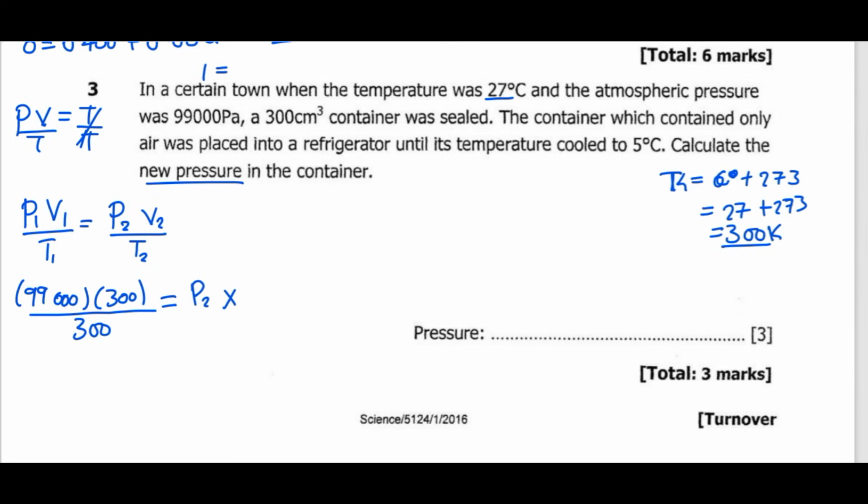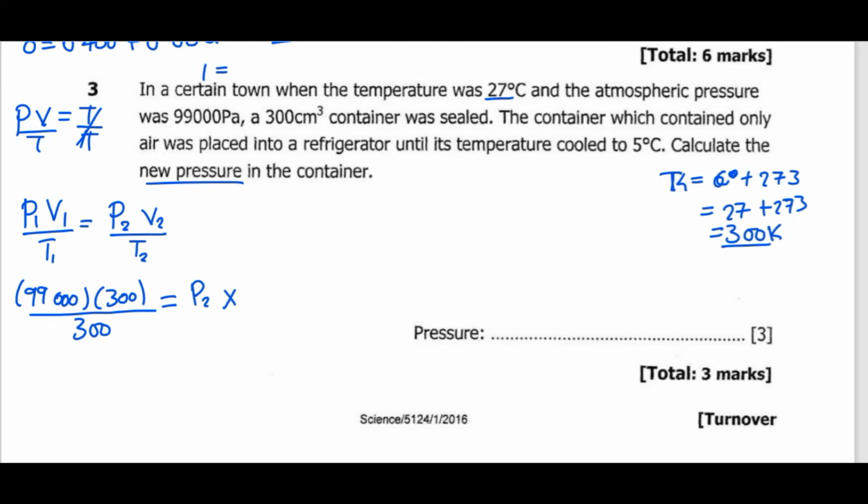Volume 2. Now let's look at the container which contains only air was placed into the refrigerator until its temperature cooled, calculate the new pressure. So I think I've made a mistake here. We can see that we don't have volume 2.